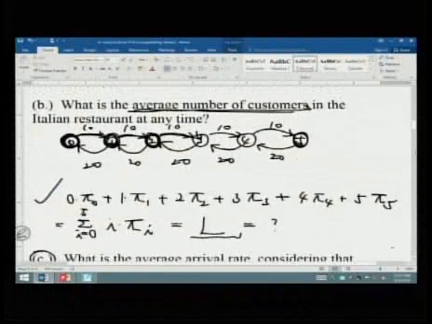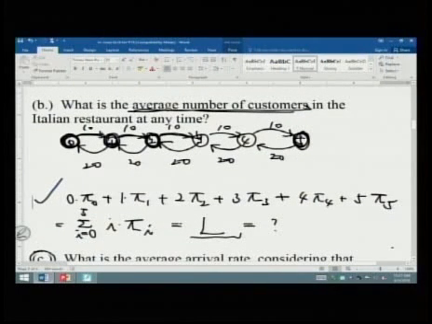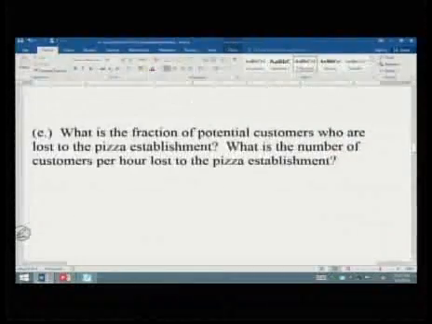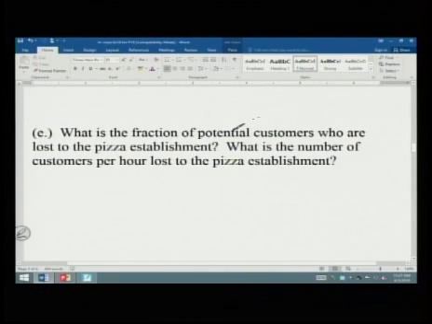Do you remember? If there are 5 customers, you're going to lose every customer to the pizza restaurant, because they decide to go there instead of coming into your restaurant. Is that right? So what is the answer for that?